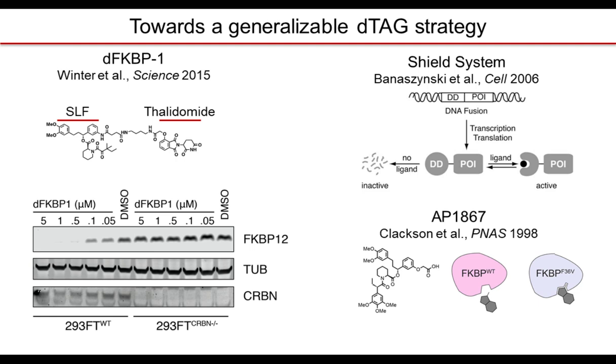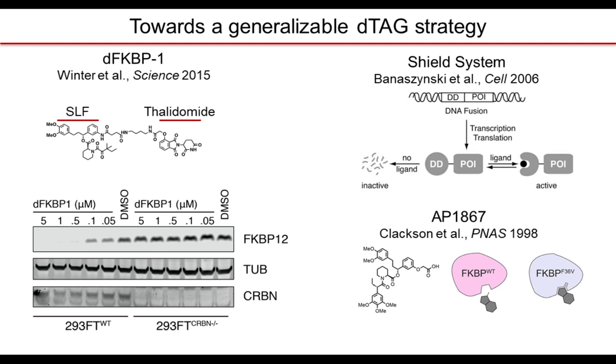What they were able to demonstrate was that with treatment of cells with dFKBP1, they could degrade endogenous wild-type FKBP12 in a cereblon-dependent fashion. This was quite informative to us because it gave rise to the notion that FKBP12 itself was highly degradable, and we could perhaps degrade this target protein.